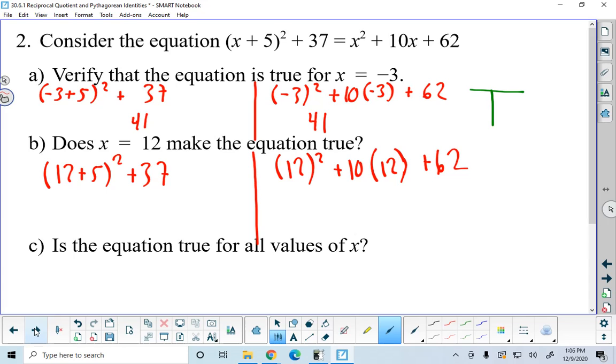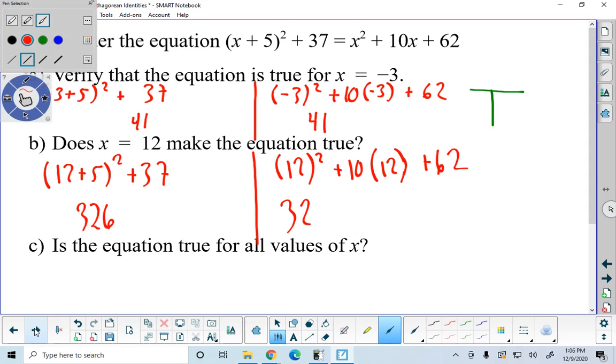Marissa says 326. Again, I've said this before, math is not a democracy, but assuming that we're all getting 326, it's correct. 144, 17, yep, 326. So 326, 326. The answer to this question, does x equals 12 make it true, is yes.